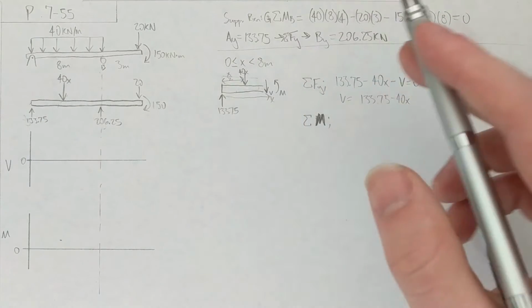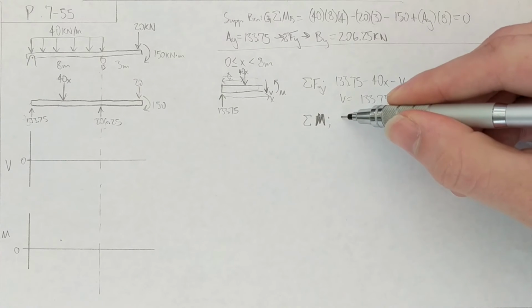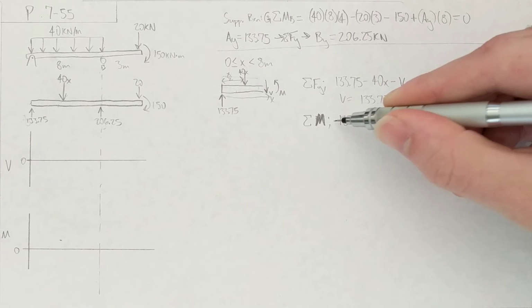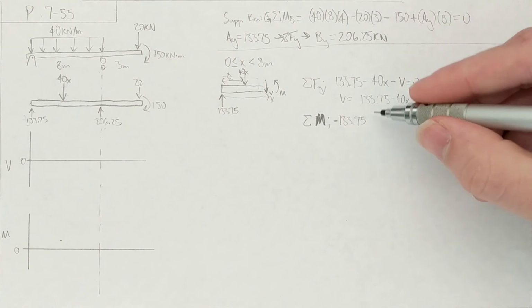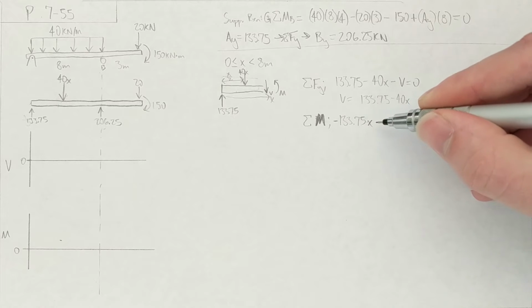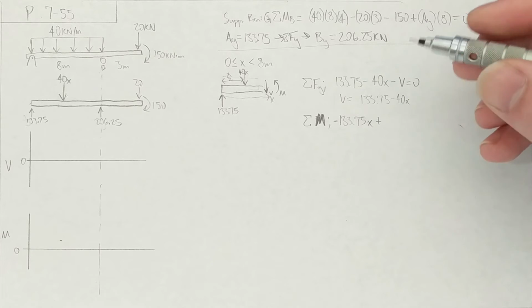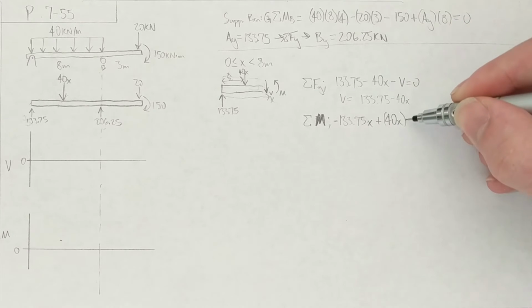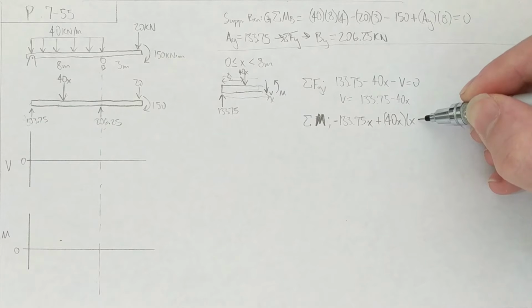So we've got 133.75 times x. This is going to be minus because it's tending to turn it clockwise. x, okay, and then plus 40x times x over 2.